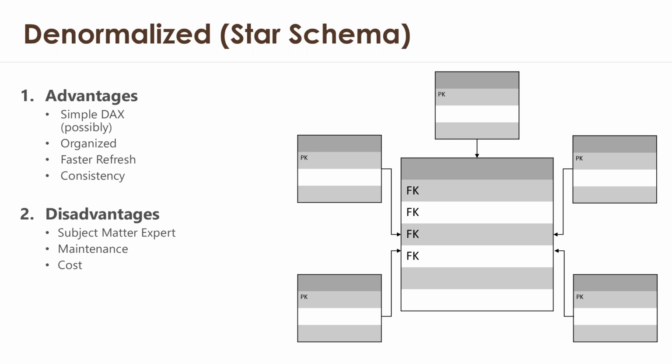If you're familiar with Excel functions, you can think of DAX, measures and calculated columns similar to that. Creating a star schema allows your data model to be more organized. It allows things to refresh faster, and it makes everything fairly consistent. However, with a star schema, you may struggle a bit at first, so you may need someone like myself to create or maintain it.